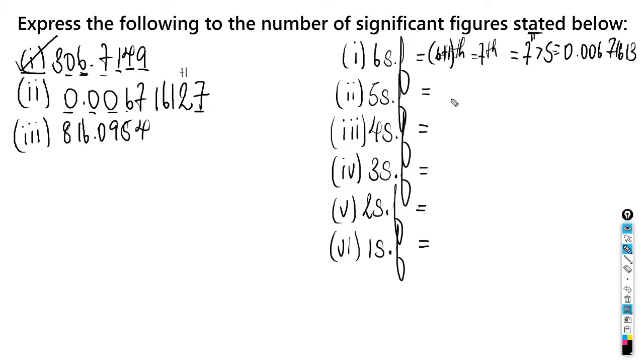All right. Cool. So for the next one, we're going to look at the 5 plus 1th decimal place, which is the 6th place, which is the 2. And 2 is not greater than or equal to 5. So we're not going to add anything to the 1, and we're going to get 0.0067161.